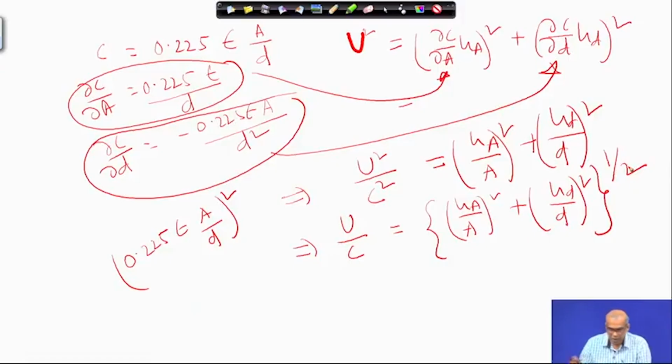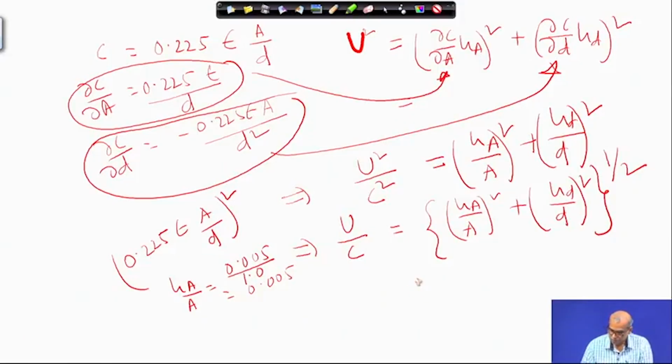Now, what is u A by A? u A by A, the uncertainty in area, is 0.005 and the nominal area was 1. So, this is 0.005.